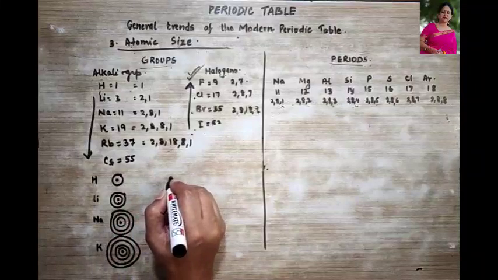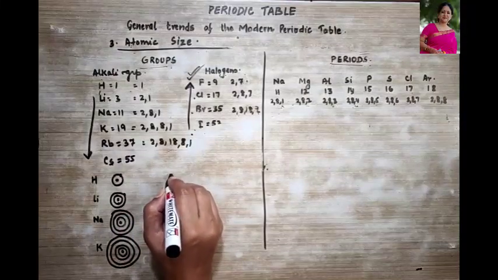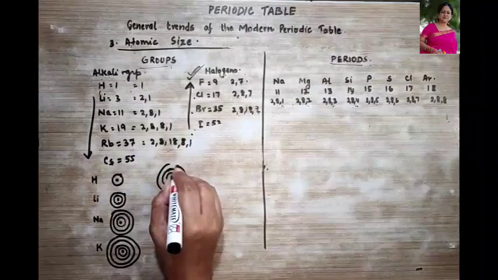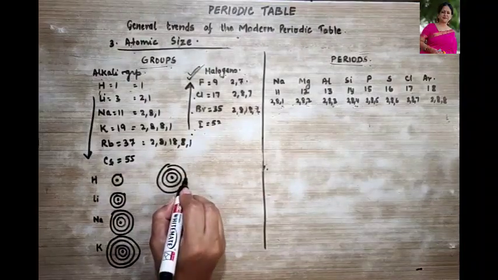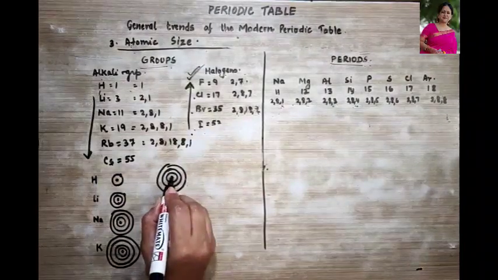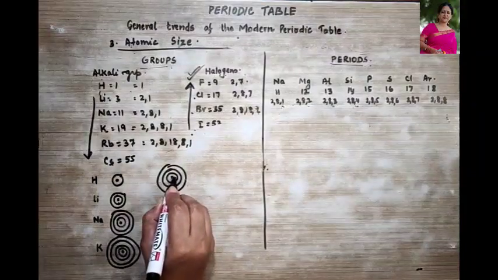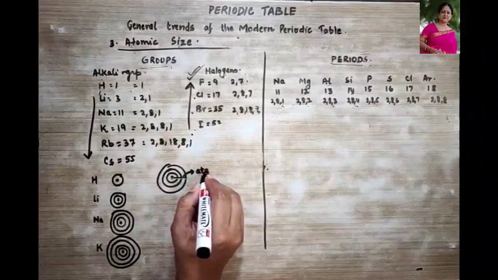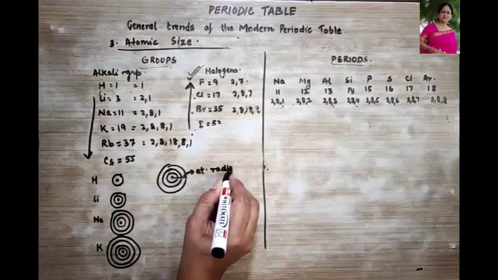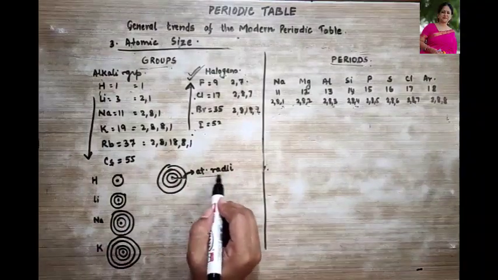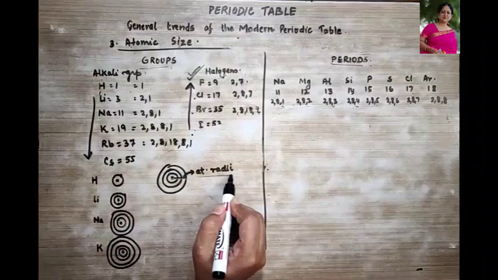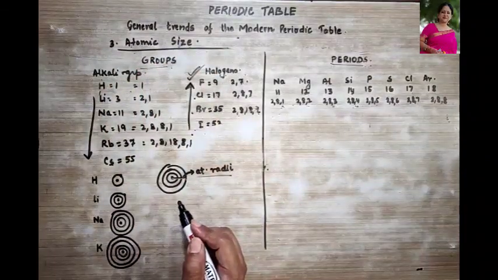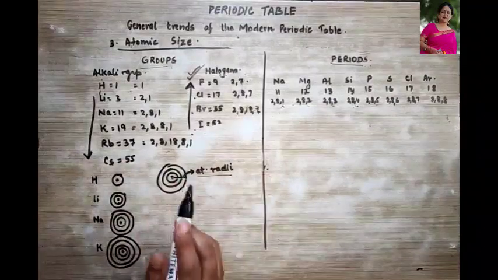The distance from the center of the nucleus to the outermost shell. Okay, now this is the outermost shell. The distance from the center of the nucleus to the outermost shell is called the atomic radii. So as the atomic radii increases, definitely the atomic size is also going to increase. Are you getting my point?